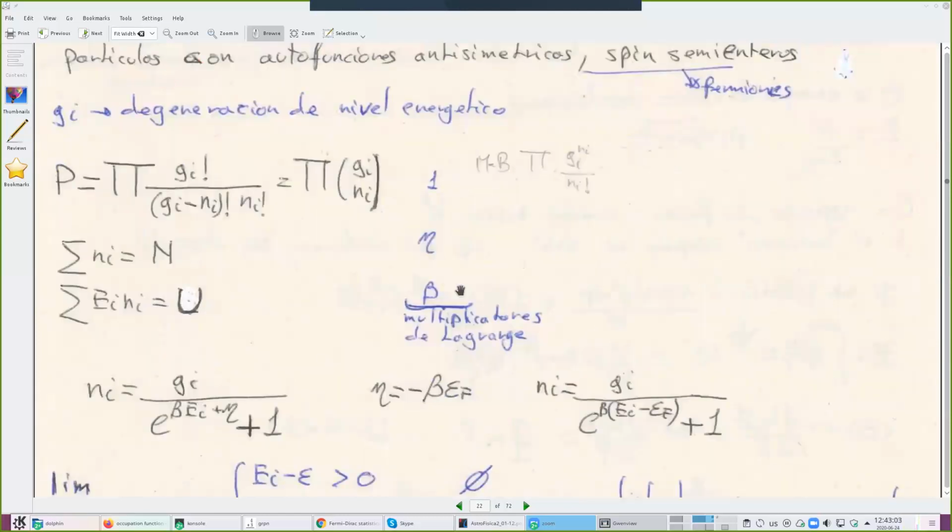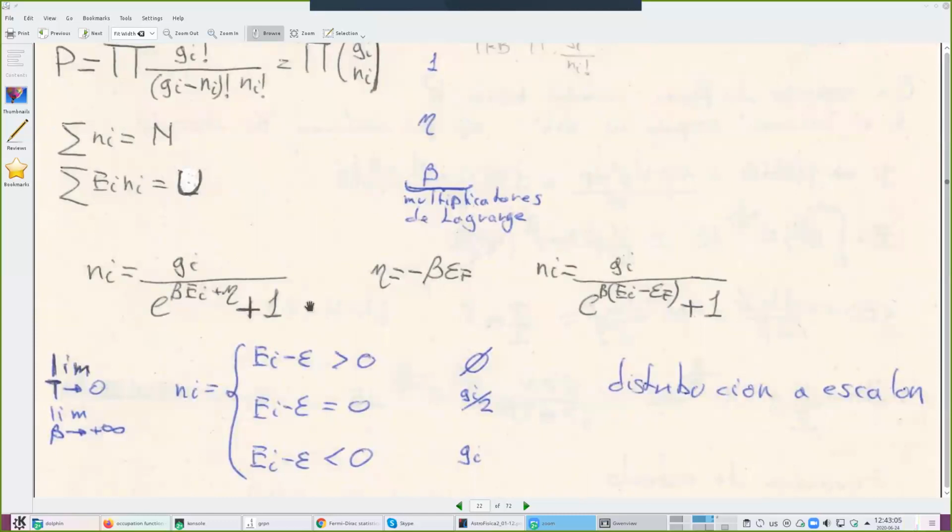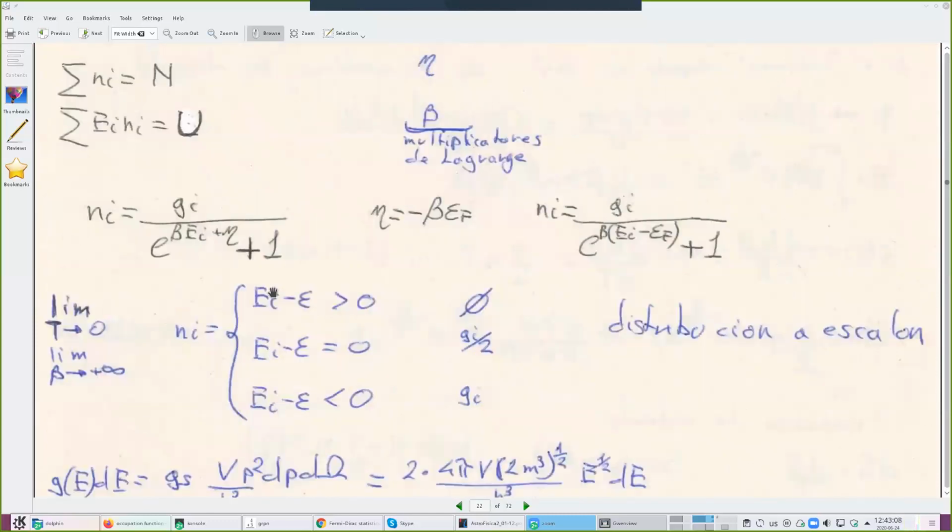We have this famous formula that shows us exactly one thing: if you consider the occupation factor, that is n divided by g, the number of particles in a certain state divided by the total number of states with that energy level, this number is 1 divided by 1 plus a positive number.